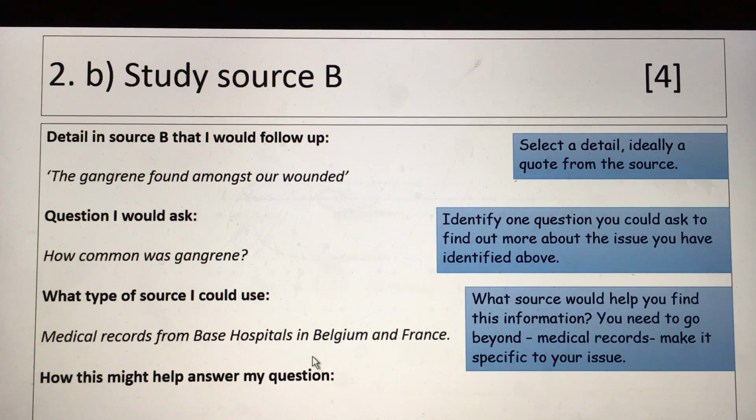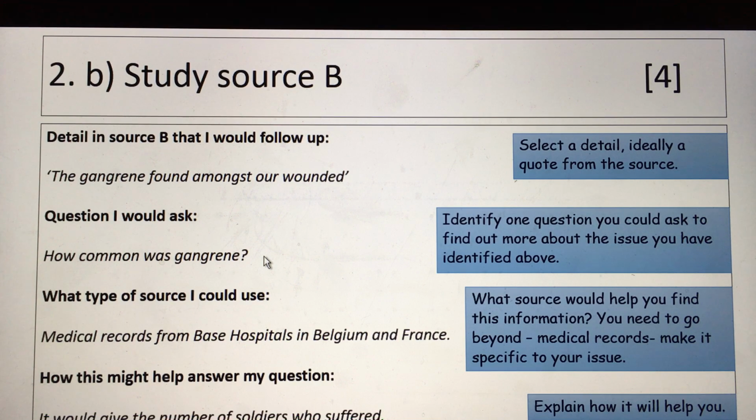Okay? And this one is probably the trickiest one because it needs a bit of thinking. But by asking a how common or a how many question, it makes it a bit easier. Okay? So you need to explain how it will help you. By asking a how common or a how many question here, you can almost definitely say this every time.